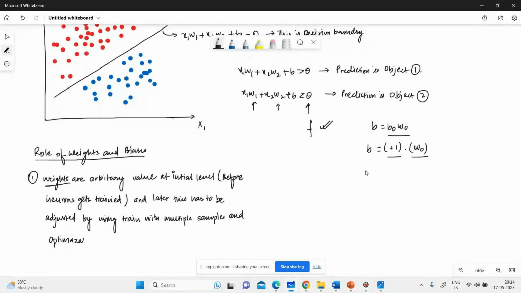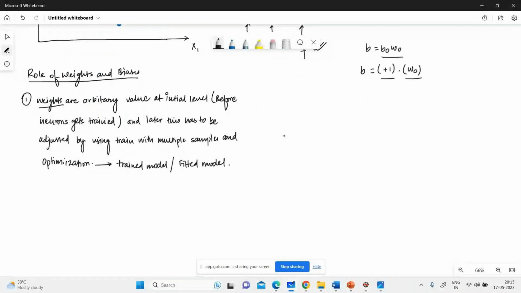To perform the optimization technique, we have multiple optimizer models, and that will help you convert an untrained neuron into a better fitted or trained model. What does a trained model also mean? A trained model also means a fitted model. So we use terminology like fit. Fit means train.